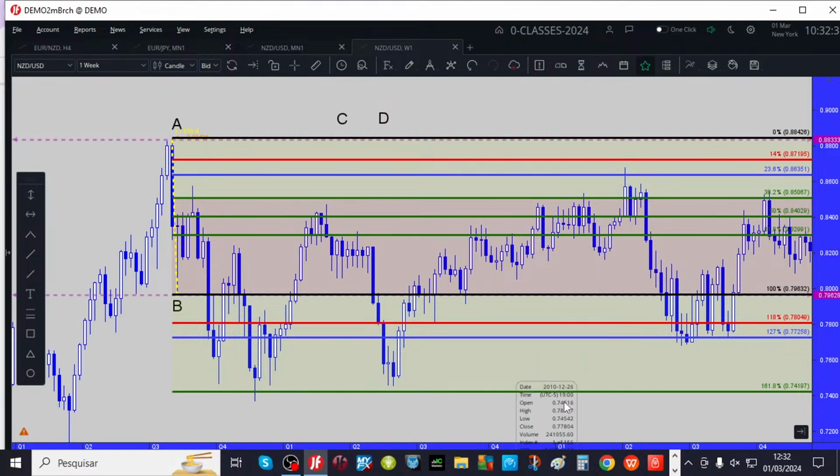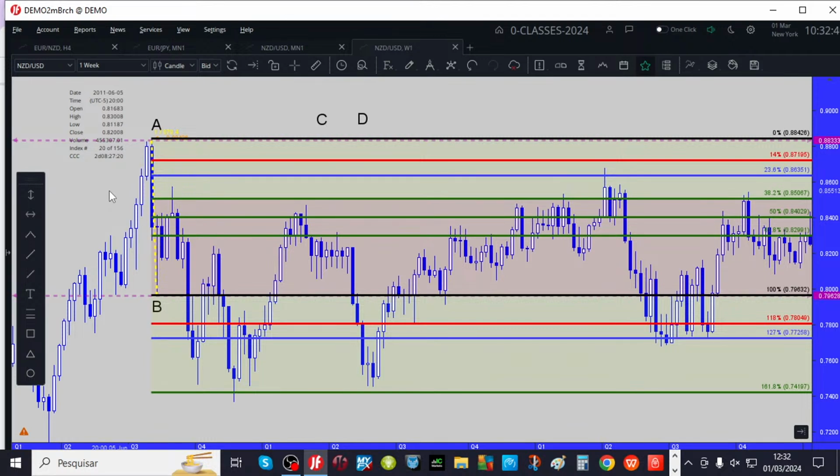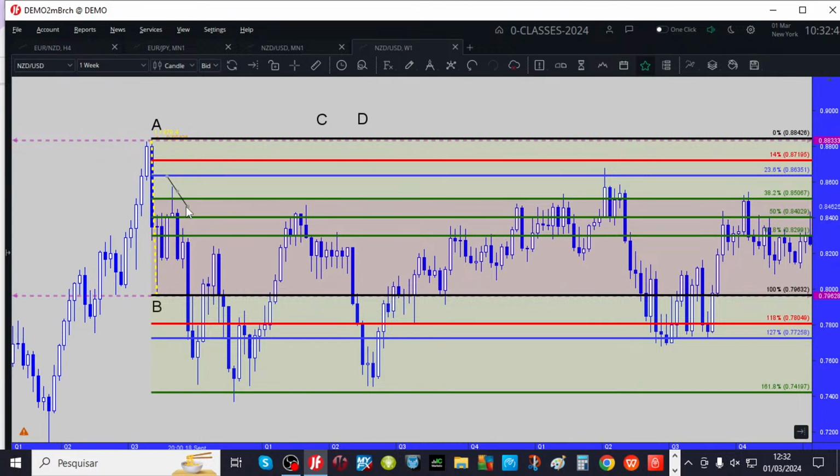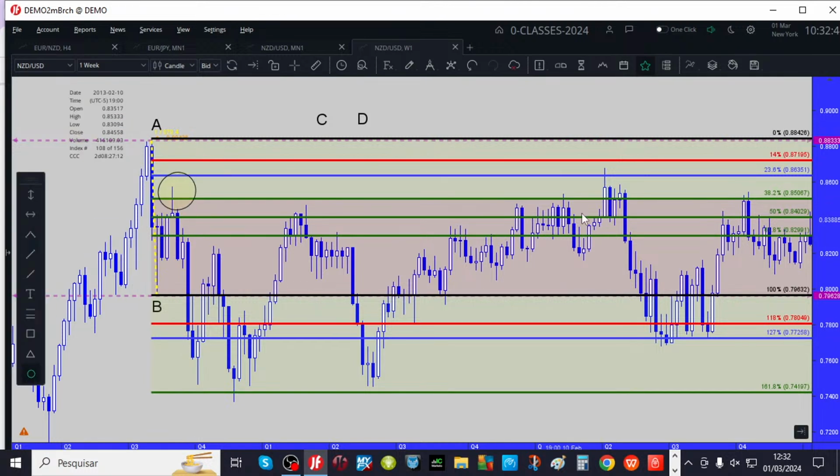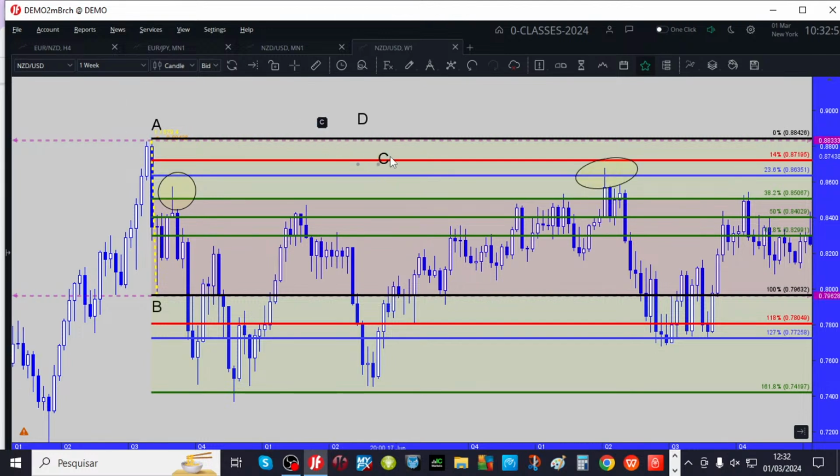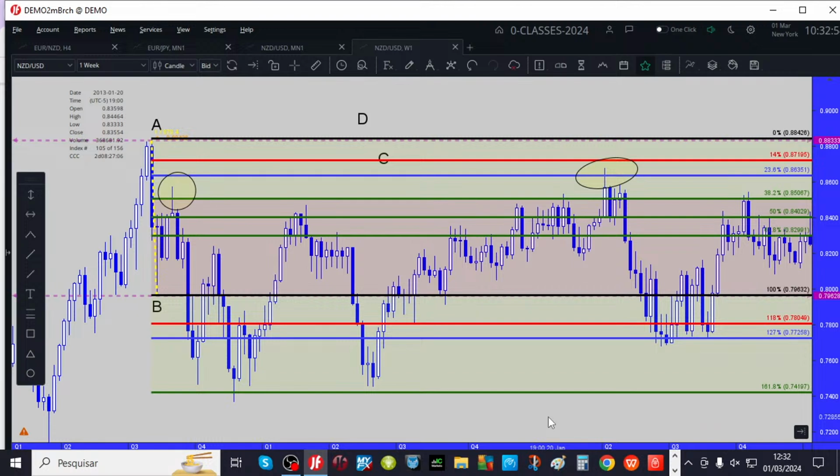On purpose. Take a very good look at this chart and tell me which one is the C. Is the first circle the C, or is the second circle the C? Which one is the C? And don't be mad at me, I'm telling you already, I'm going to trick you.